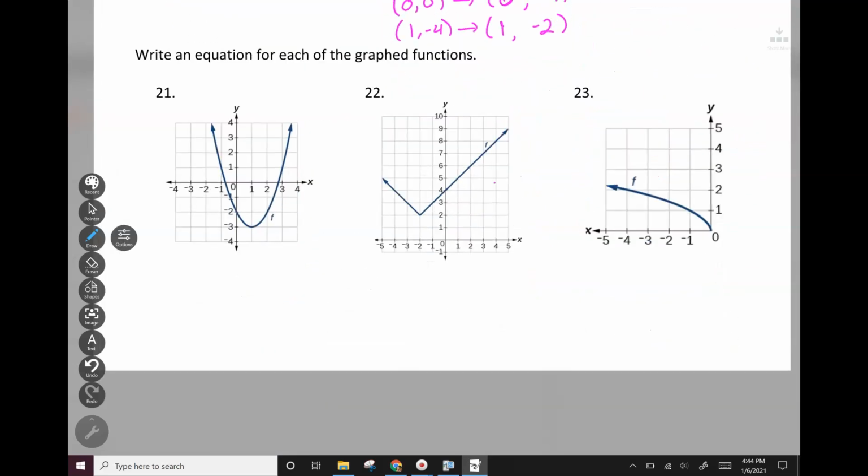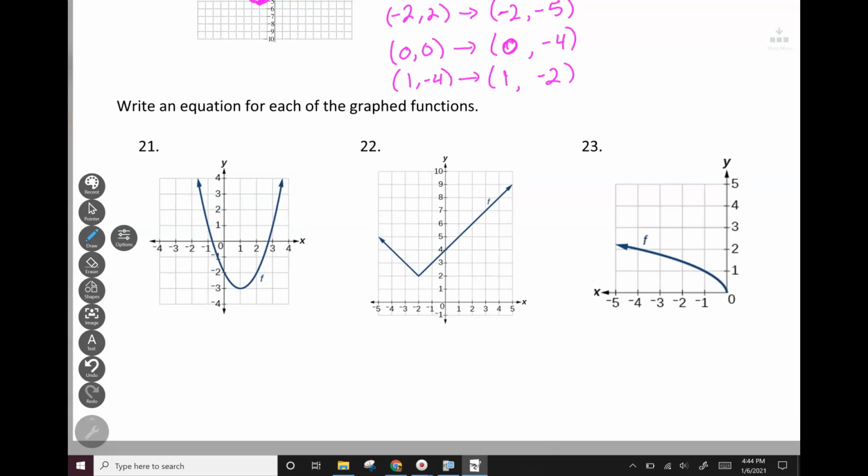All right, now let's try going in a different direction. We're actually going to write the equation for each of the functions. So you're going from the graph to the equation. First of all, on 21, this is going to be quadratic. So it's going to be your x squared function.